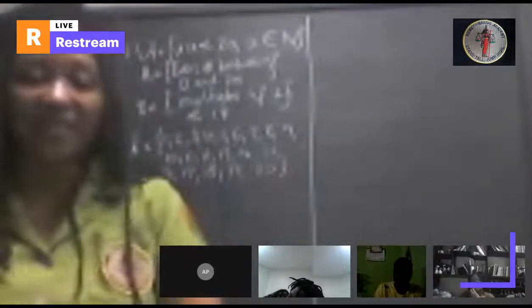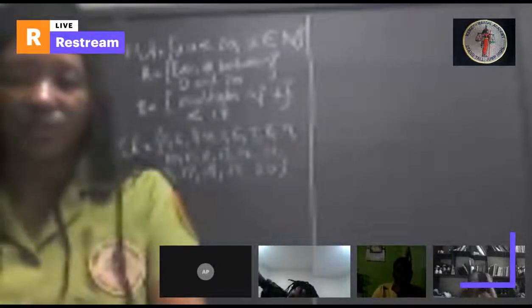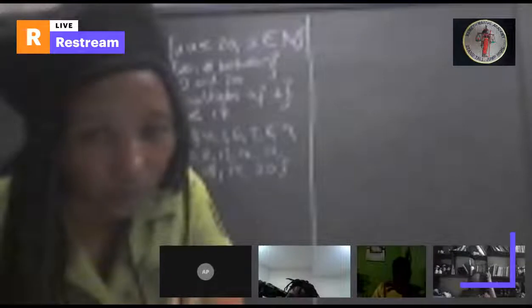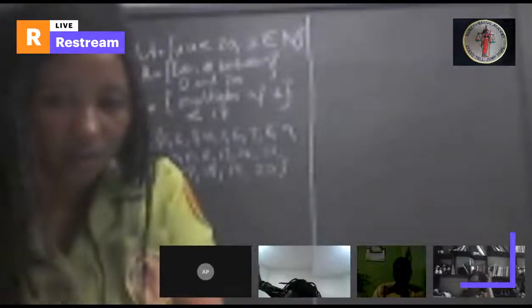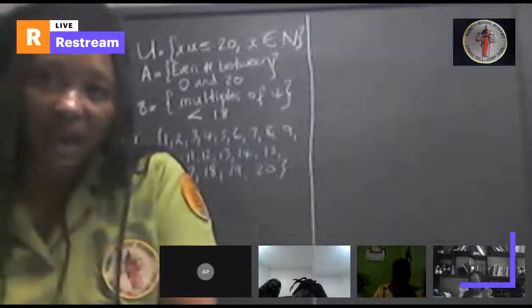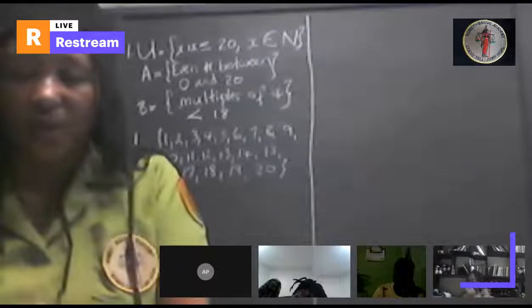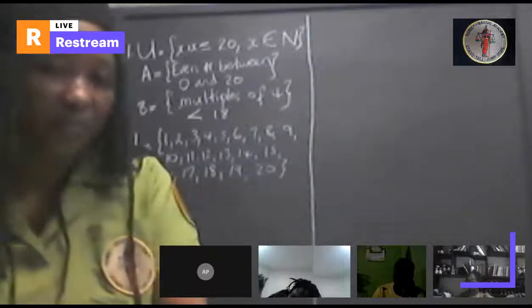So they are divisible by 2. Exactly, 2 can go into the number without leaving a remainder. Or we could say a remainder of 0, right? 2 can go into it with a remainder of 0.